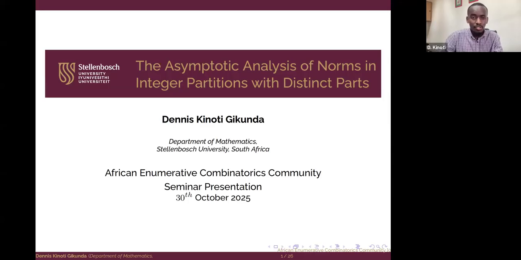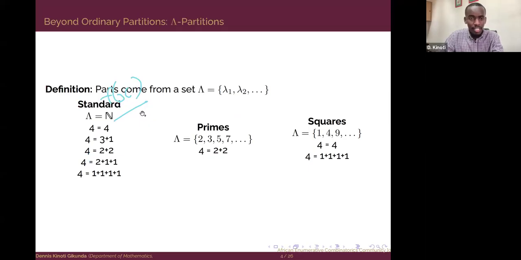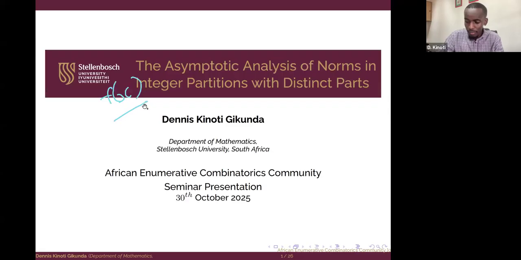Just for introduction, I want to let us know what an asymptotic analysis is. The basic definition here is that if you have two functions, f of x and g of x, we say that these two functions are asymptotically equal if the limit of their quotient is equal to 1.